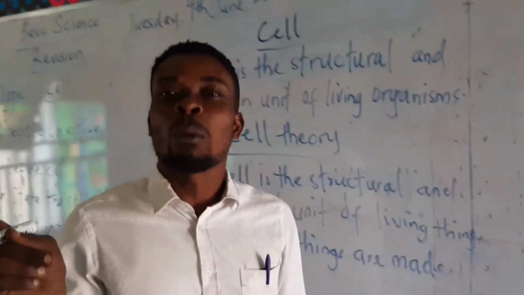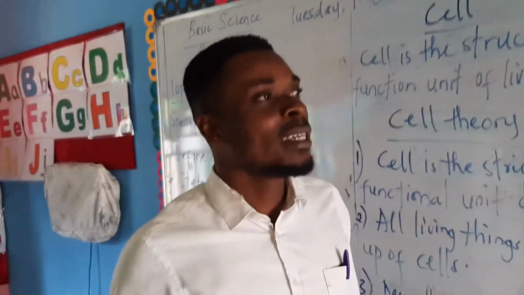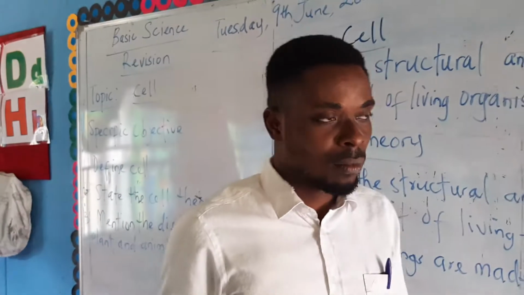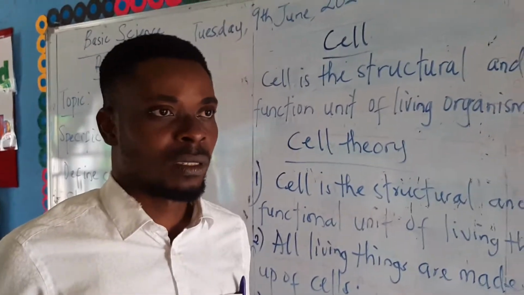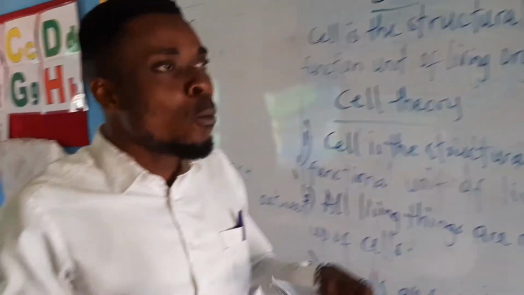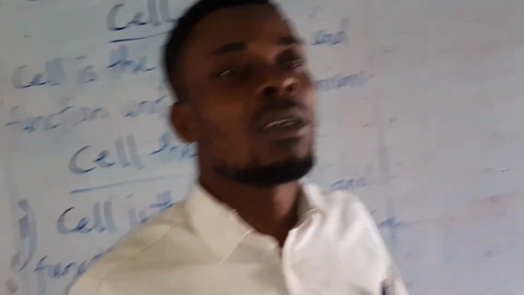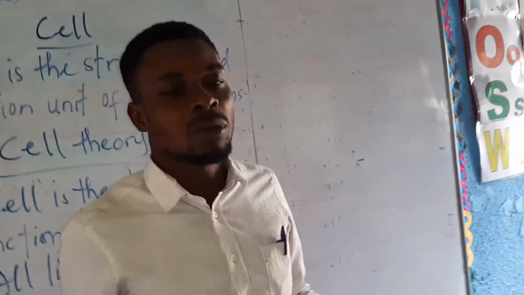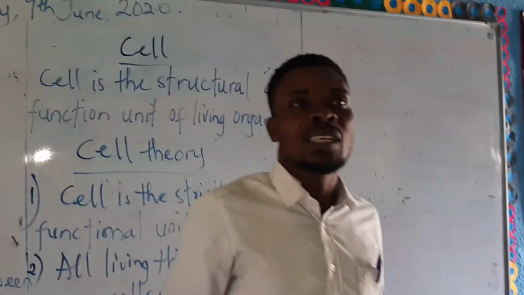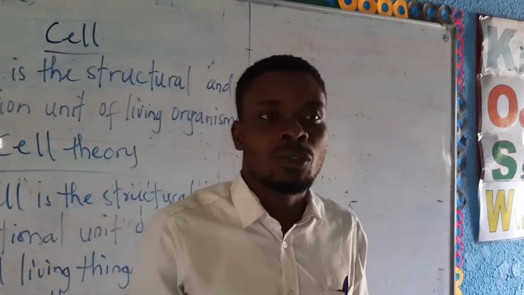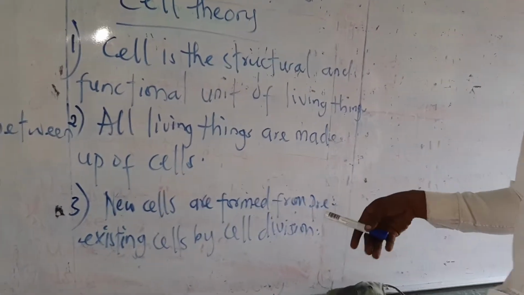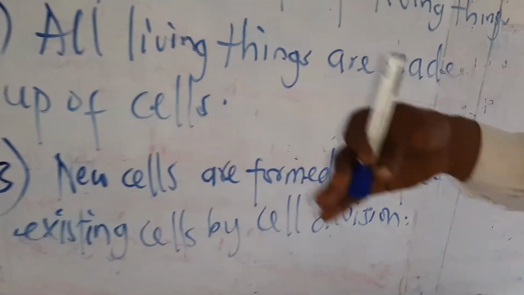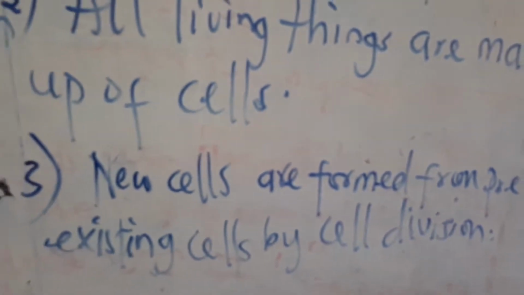In order for a new cell to be formed, it needs to be formed from a cell that is already existing. One unique thing about cell is that it undergoes what is called division. Cell division means one cell can divide into multiple cells. So new cells are formed from pre-existing cells, meaning a cell that is already existing.